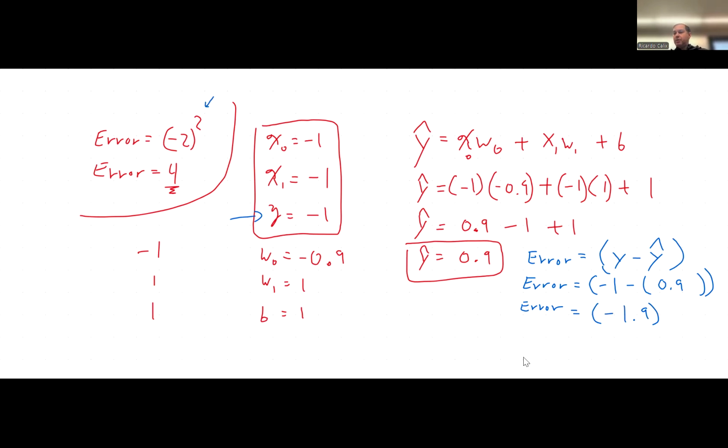Okay, so now your error value is going to be this value squared, which is 3.61. Do you guys see what I'm saying? So let me write it over here.